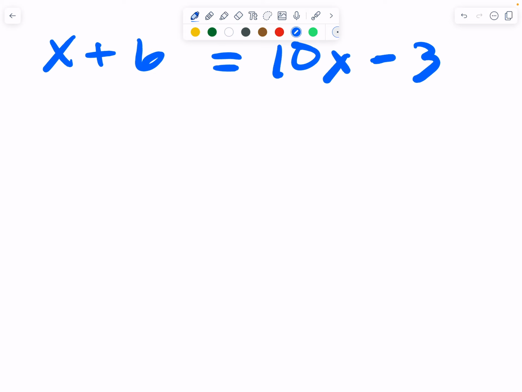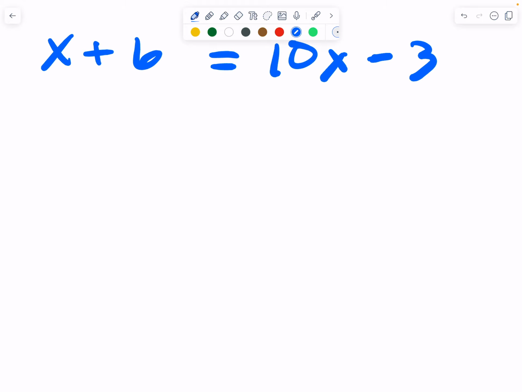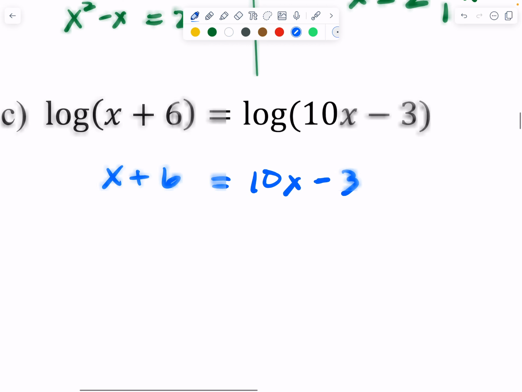But we wouldn't be thinking about the initial part, the original equation and the part of that equation that was causing any sort of domain restrictions.